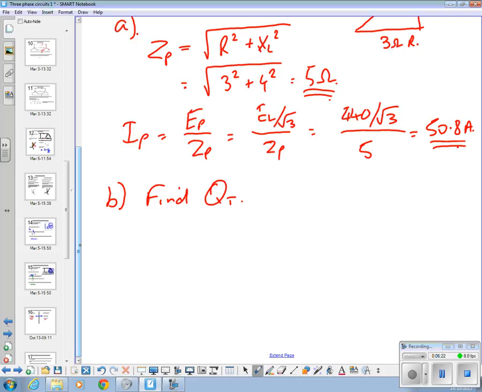We know I phase equals 50.8 amps, and we know XL is equal to 4 ohms.